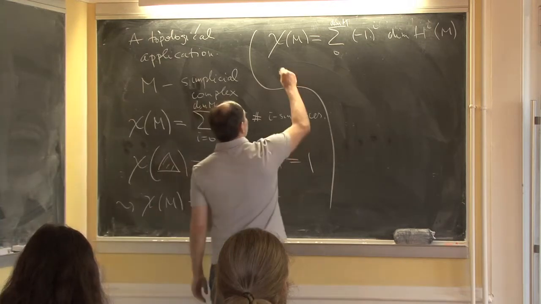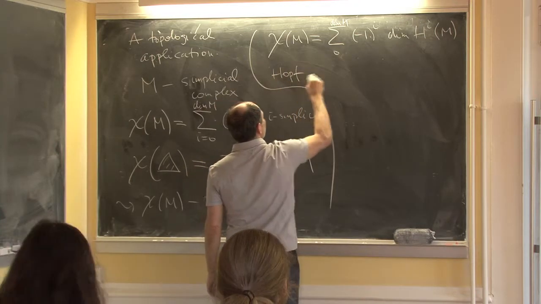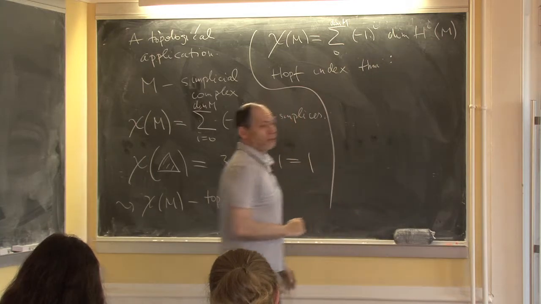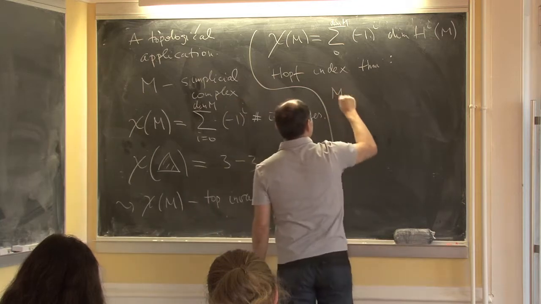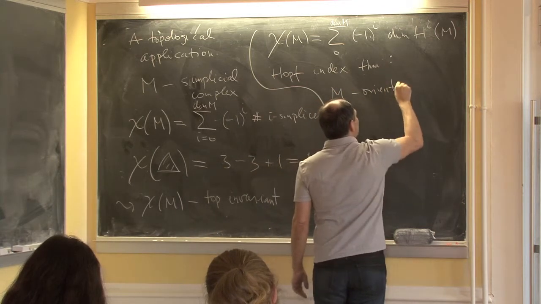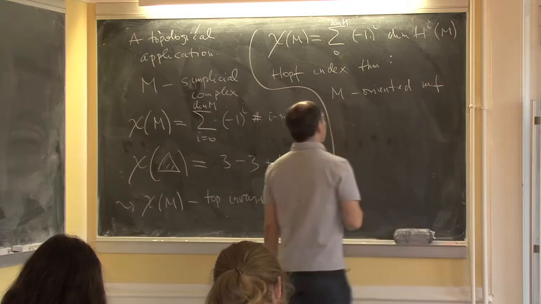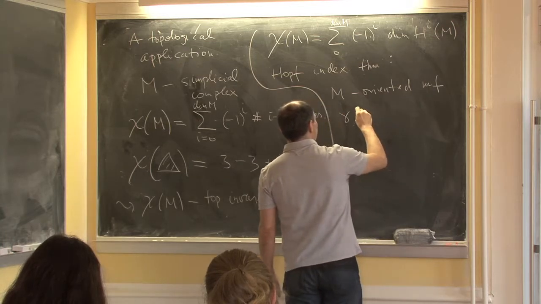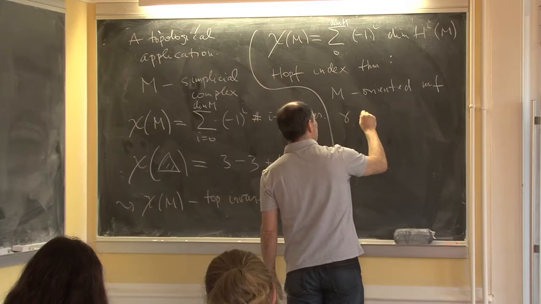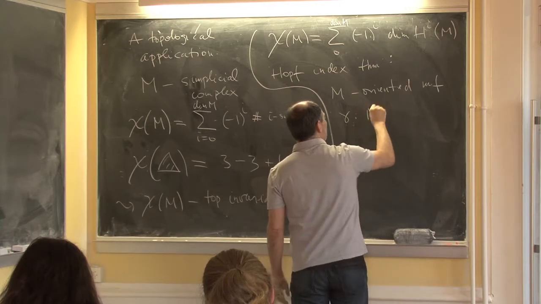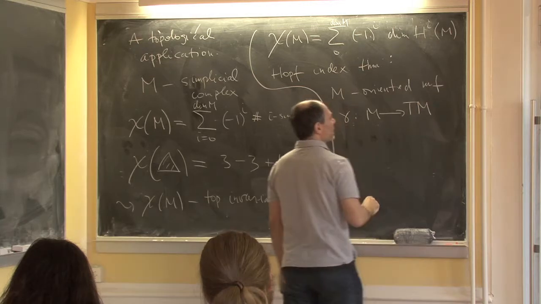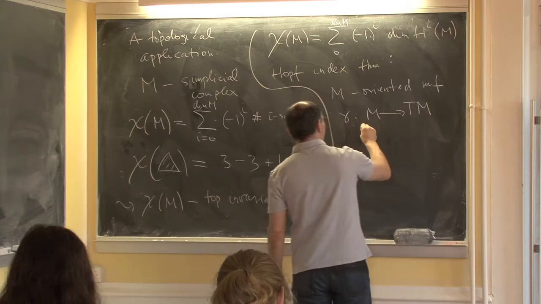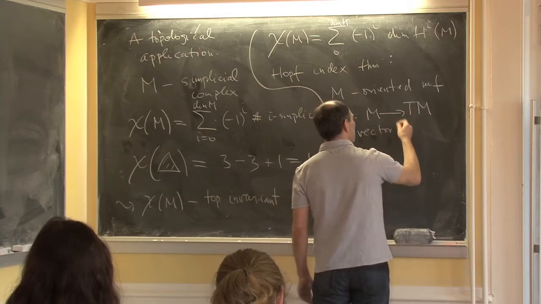And well, maybe I'll just mention the Hopf index theorem, which says the following. Suppose now you have an oriented manifold, and let gamma be a section of the tangent bundle, called a vector field on the manifold.